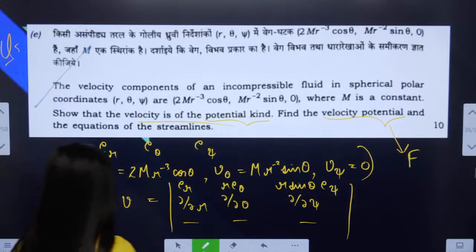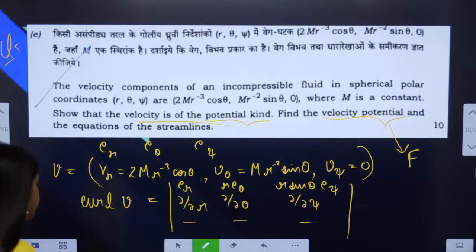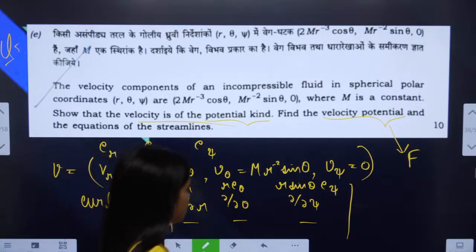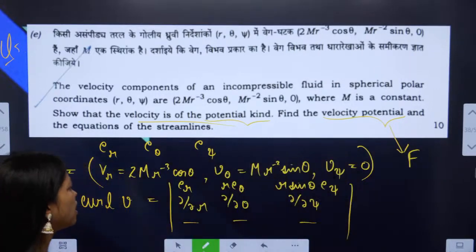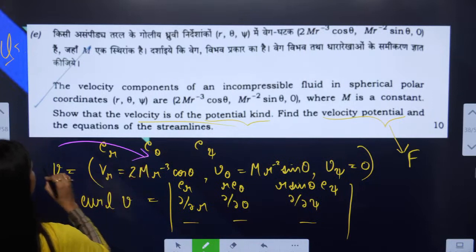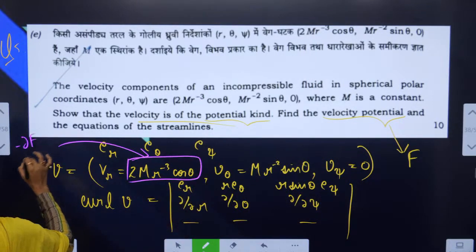These are the 3 expressions, and you can just equate them. So the first expression is minus del F by del r.